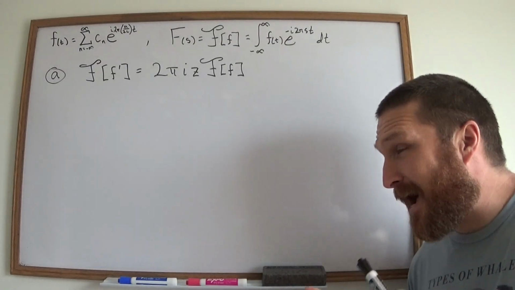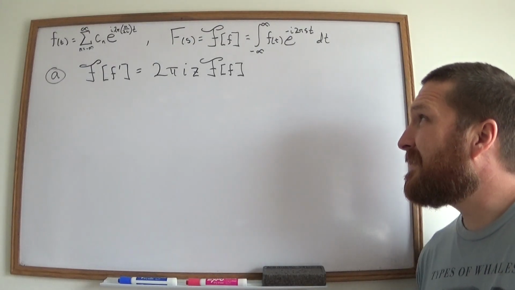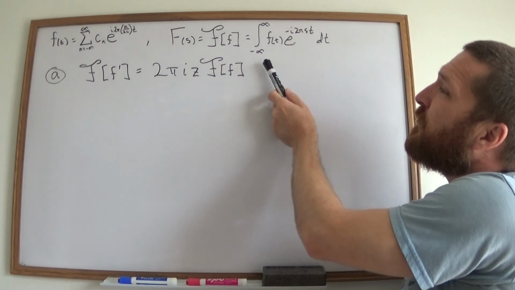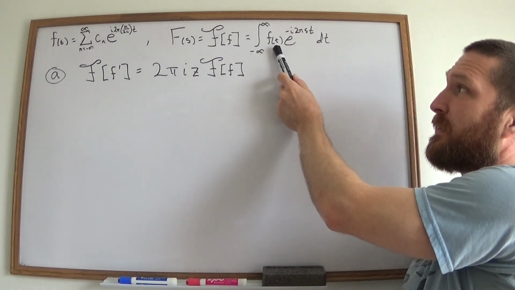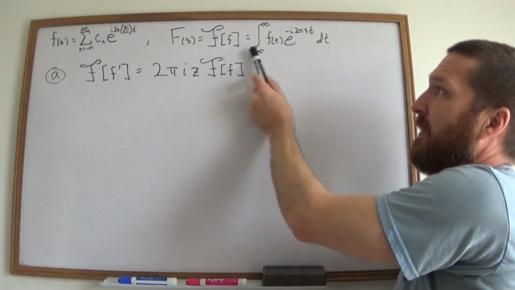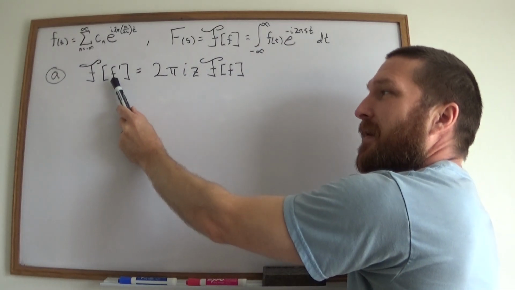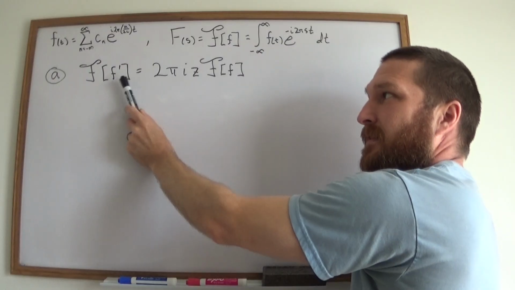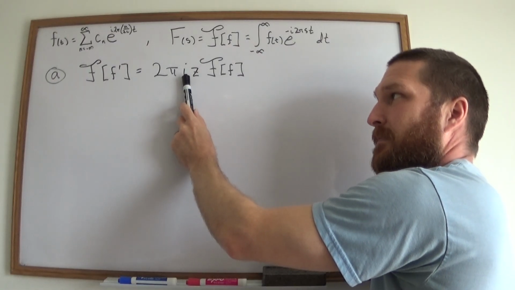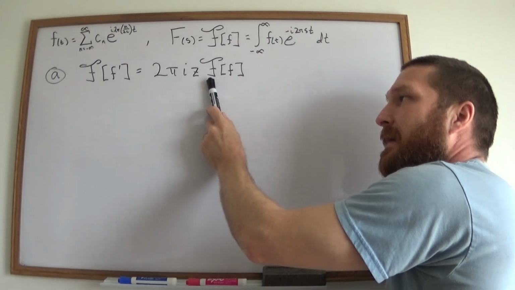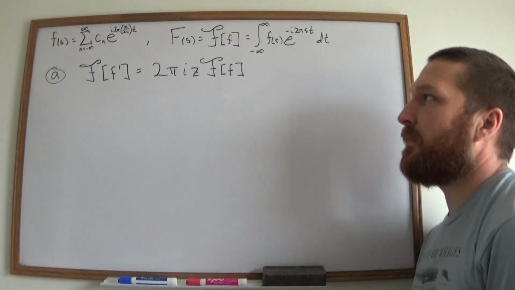The actual extra credit question says, given that the Fourier transform of a nice function f is given by this formula right here, show that the Fourier transform of its derivative is equal to 2 pi times i times s times the Fourier transform of the original.